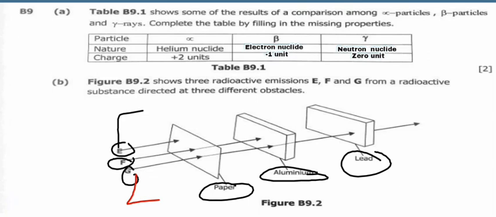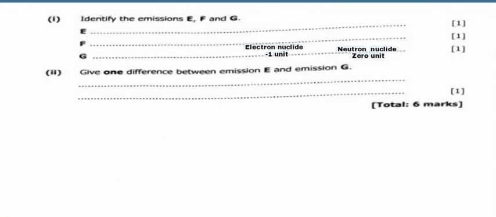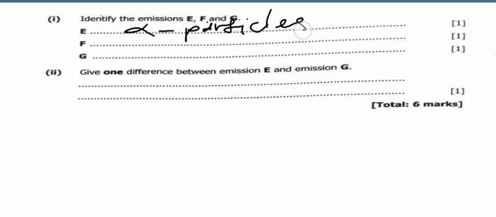Gamma rays have higher penetration. Roman number 1, identify the emissions E, F, and G. So as for E, it is just the alpha particles. Then as for F, it is the beta particles. Then as for G, it is called the gamma rays.